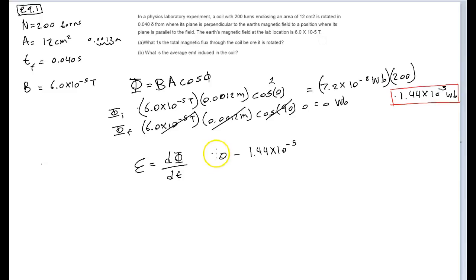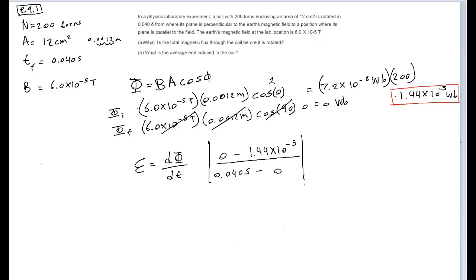And then over the change in time, the final time was 0.040 seconds, and the change in time is final minus initial, which is 0.